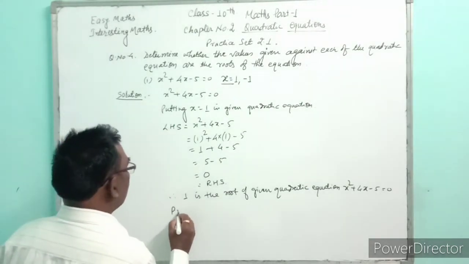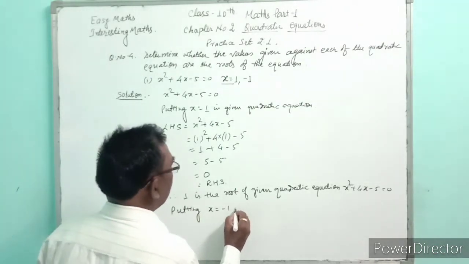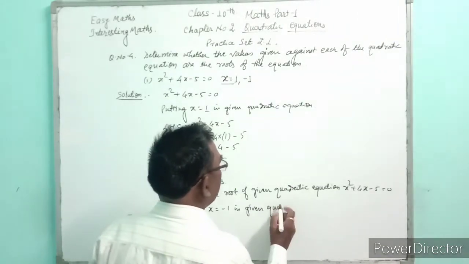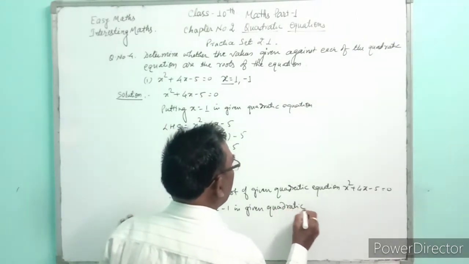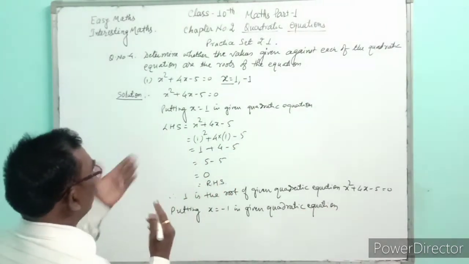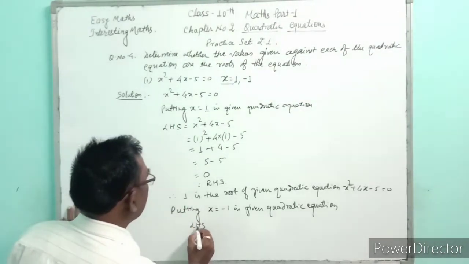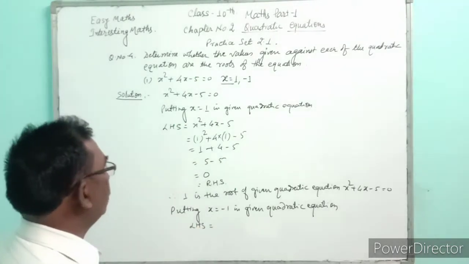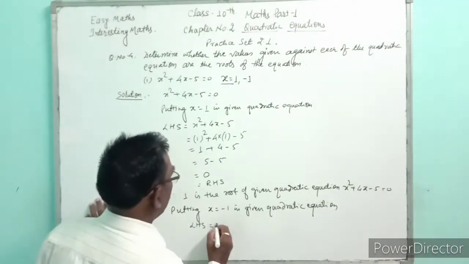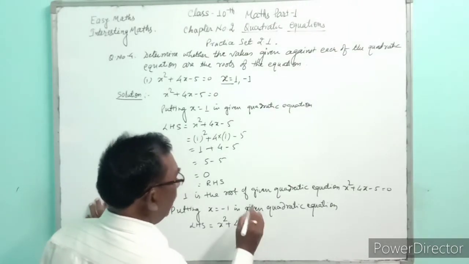Now, putting x is equal to -1 in the given quadratic equation. So left hand side is equal to x square plus 4x minus 5.